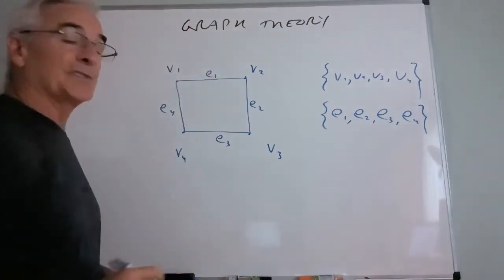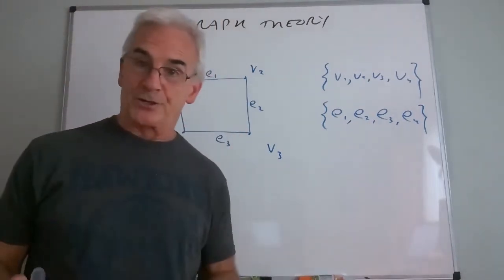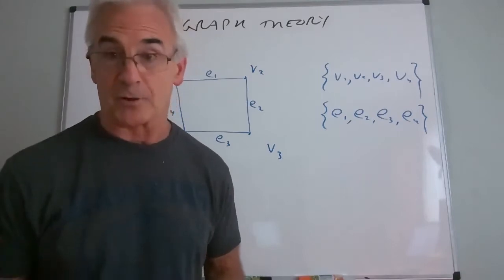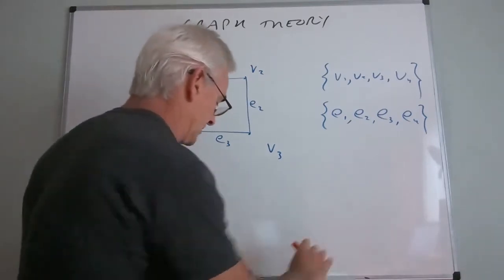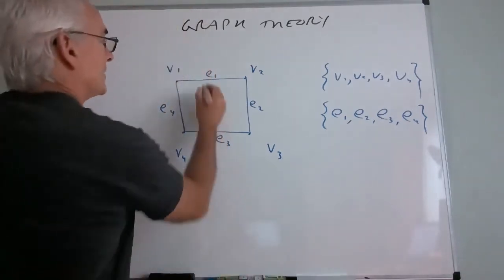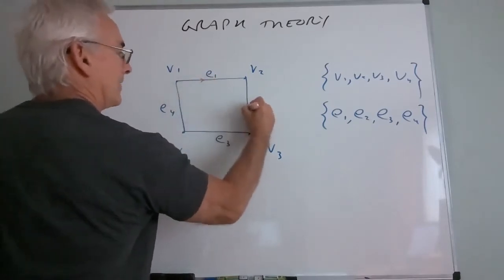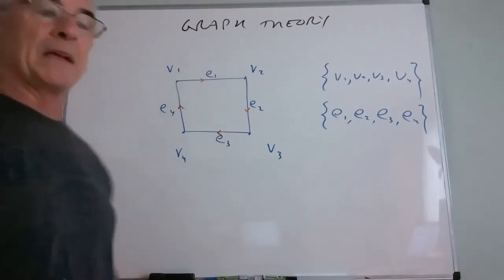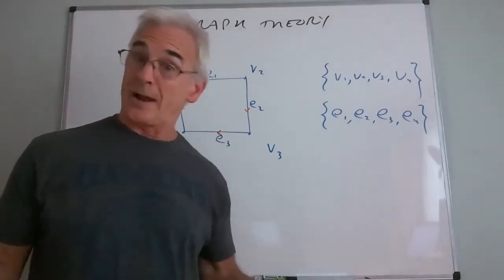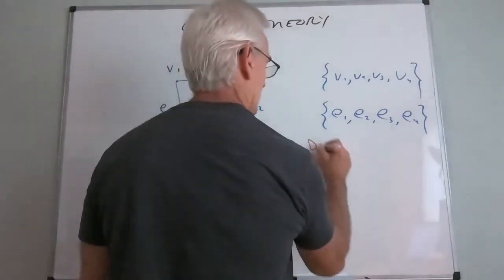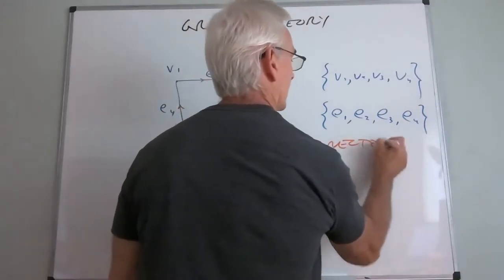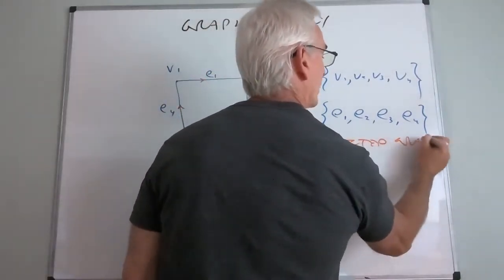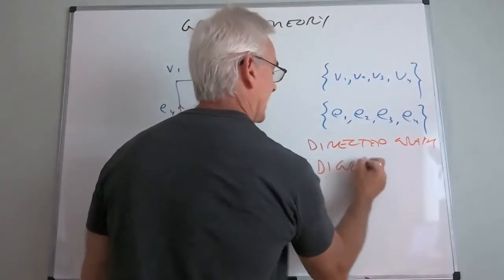Now, if I decide to put direction in it, and graphs do not have to have direction, okay? But if I decide that we're going to think of this as going that way, and that way, and that way, and that way, now I've made my simple graph into what's called a directed graph, or a digraph.